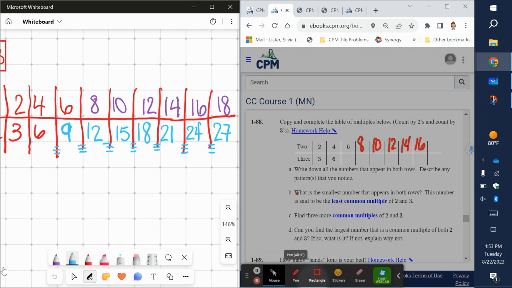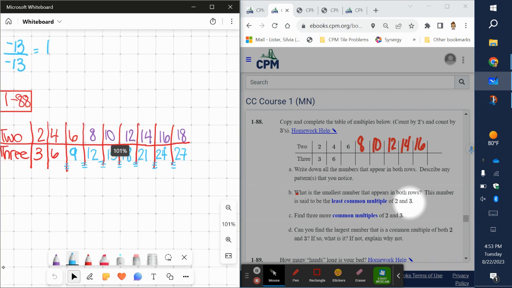Let's do letter B. What is the smallest number that appears in both rows? This number is said to be the least common multiple of 2 and 3. So the number that they both have in common, so we want to find the smallest.